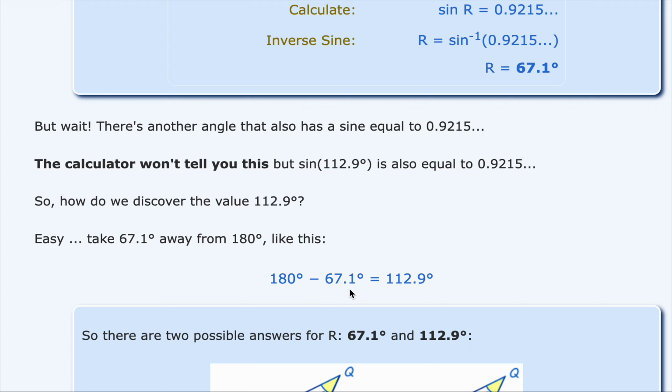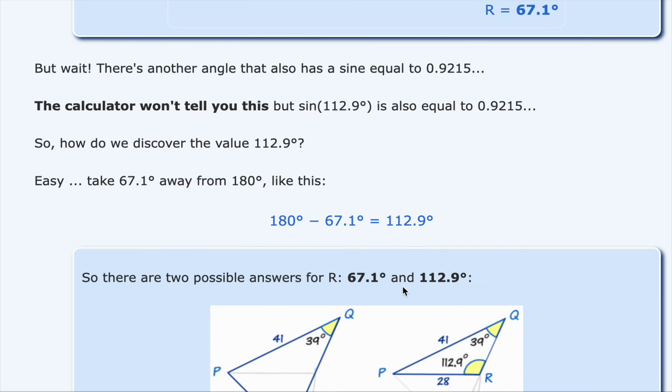So 180 minus 67.1 gives you this angle. The two possible answers where this ratio is satisfied as per the sine rule are theta and 180 minus theta. In this case, 67.1 degrees and 180 minus 67.1, which is 112.9.